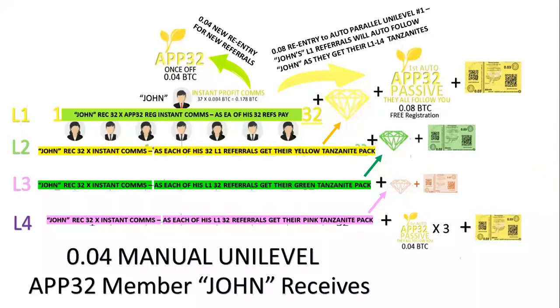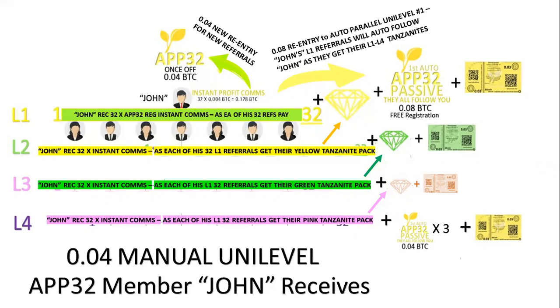But when this level fills up, you get a green Tanzanite in your name that becomes part of your structure in your Adshare business. And as soon as they fill up their level 2, you get a pink Tanzanite, they get a green Tanzanite, and those people on level 2 will each get a yellow Tanzanite that also become part of your matrix structure.